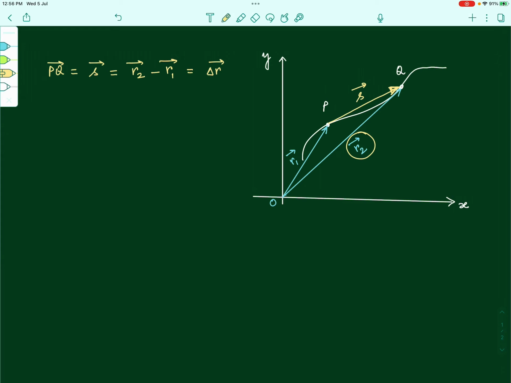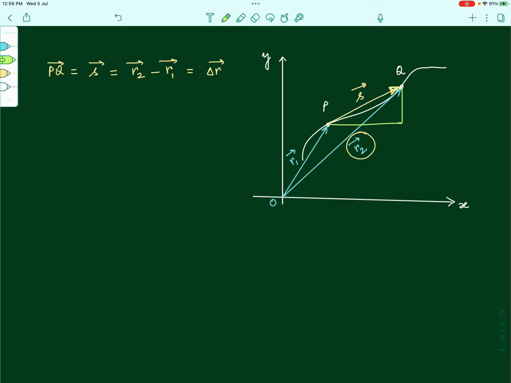Okay. Now, if we consider the x component of the vector S, and the y component of the vector S, both of these will be given by these 2 horizontal and vertical lines that I have drawn here.